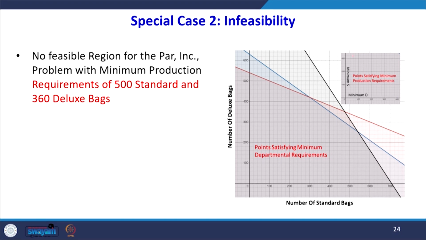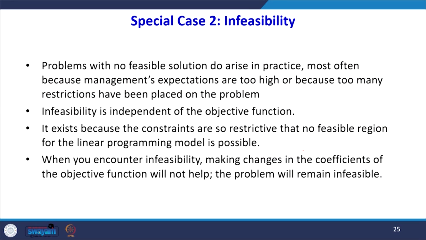When you draw this minimum requirement, so this is your one constraint, this is our another constraint. So why we say it is infeasible? You see that there is no common region. There is no common region which satisfies all our constraints. So that situation is called infeasible solutions.